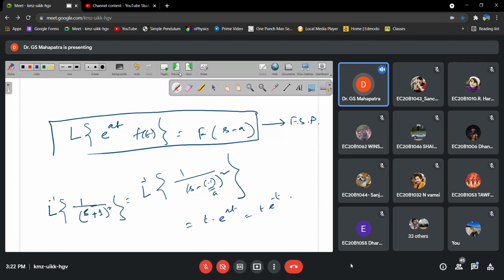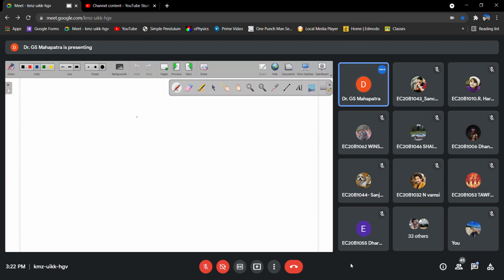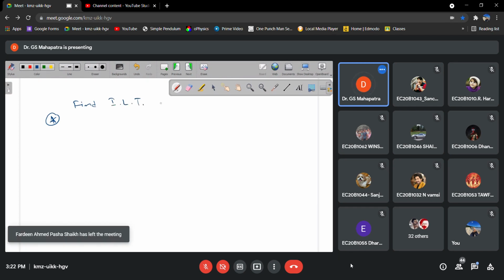I will give you some problems for practice purpose only. No need to send to me. So first, find the inverse Laplace transform of the following functions. Write down.